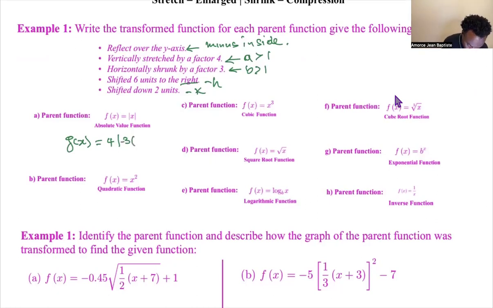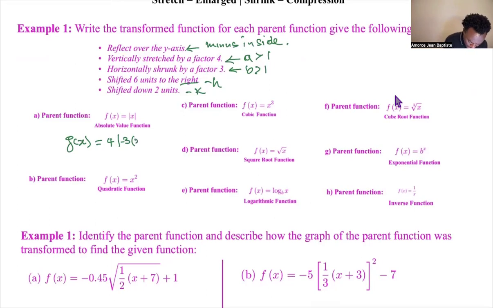And then we need to put parentheses because everything that will happen to the x, we will need to keep the 3 on the outside. The 3 will not just multiply the x, it multiplies x and any horizontal transformation that would happen.